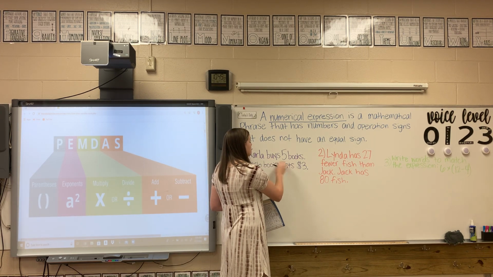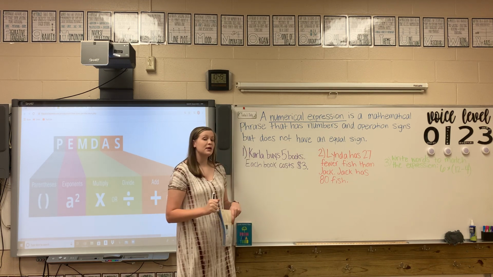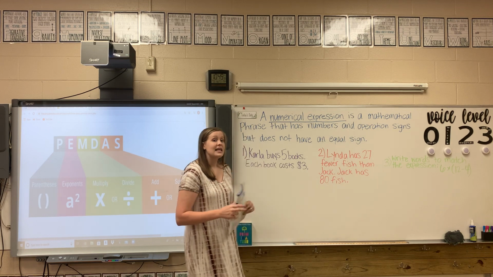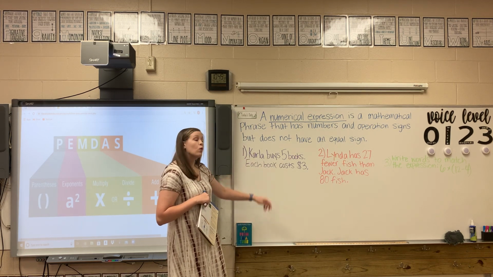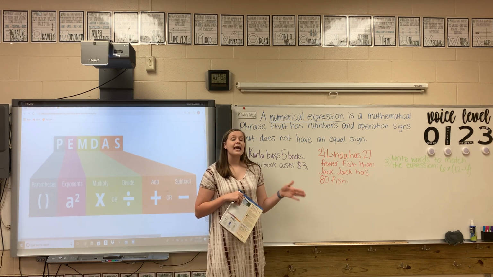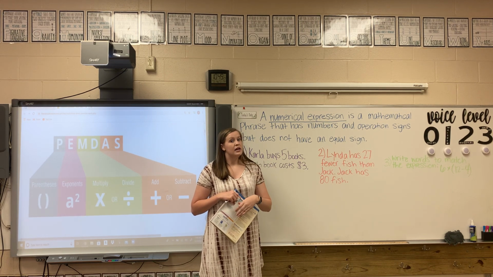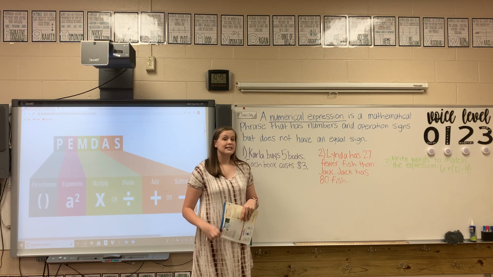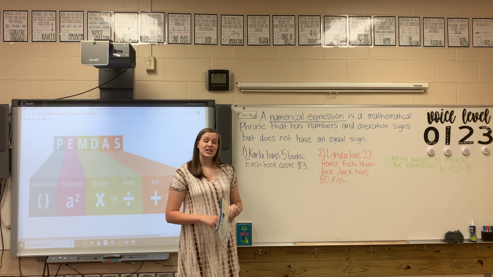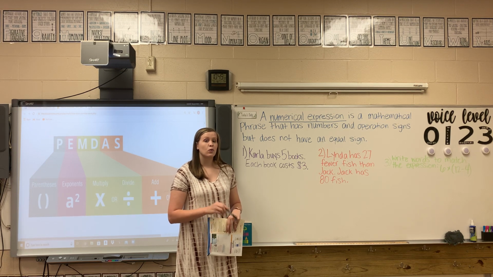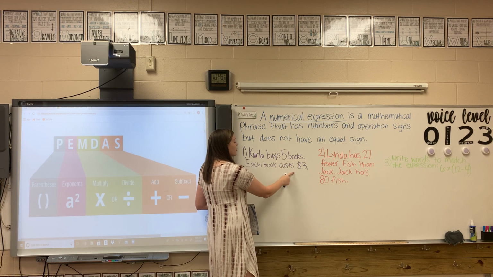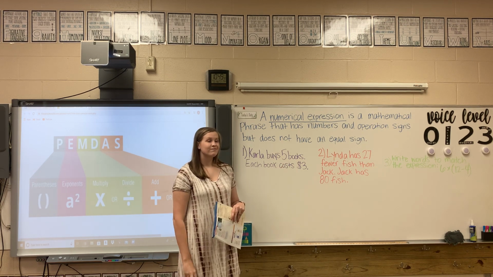Carla buys 5 books. Each book costs $3. We need to write a numerical expression that matches this word problem. So Carla buys 5 books. Each book costs $3. So she's getting 5 books at $3 a piece. First we need to determine, is that addition, subtraction, multiplication, or division? 5 books, $3 each.